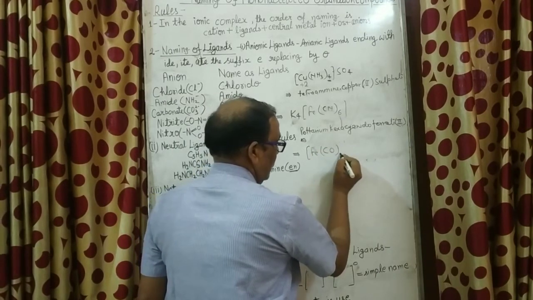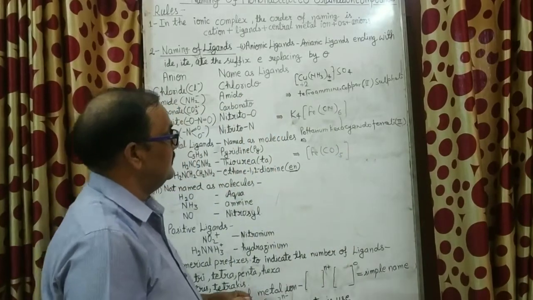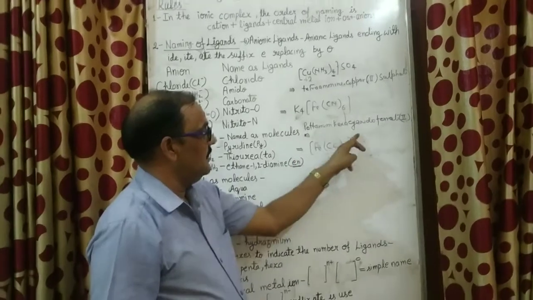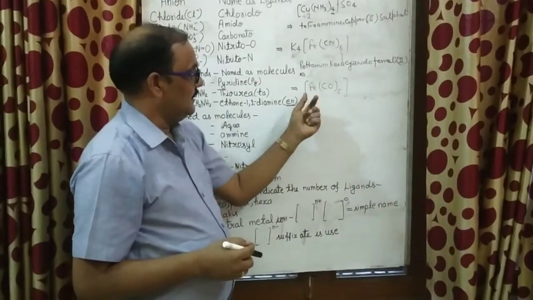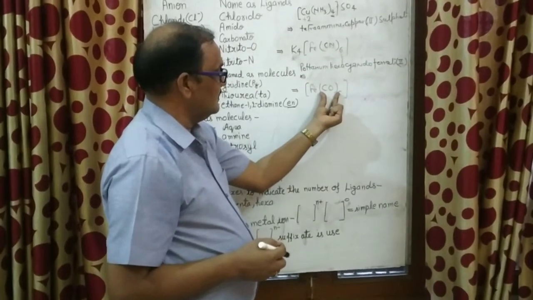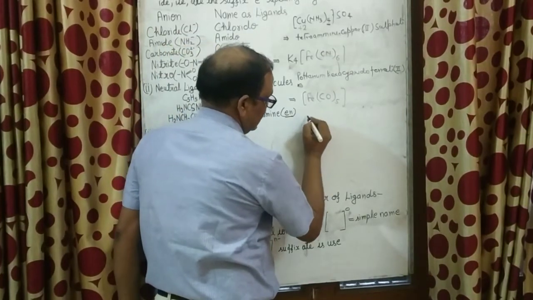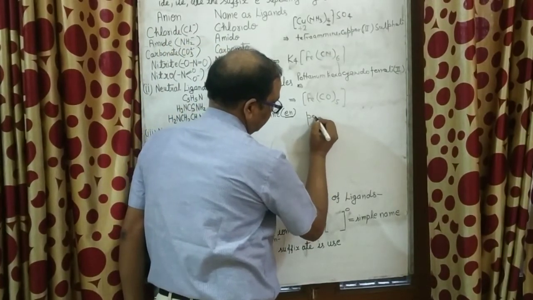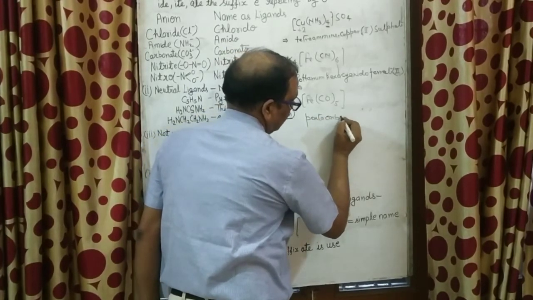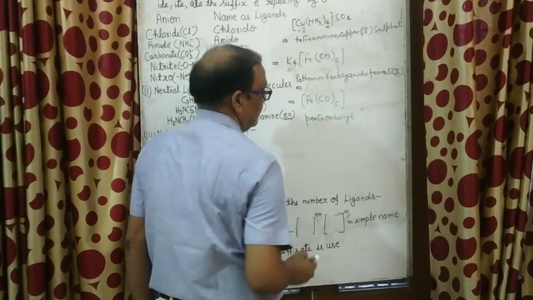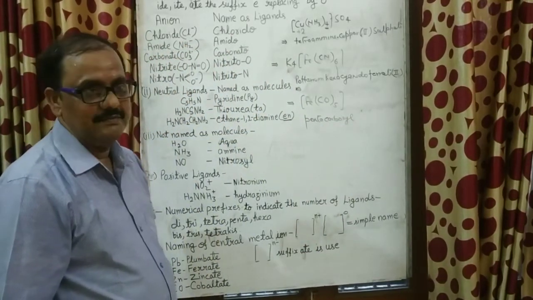Next example, Fe(CO)5. This is a neutral coordination entity. Okay, and the ligand is CO, that is carbonyl, and the number of ligands is 5, so this is pentacarbonyl. And what is the oxidation state of the center metal atom?